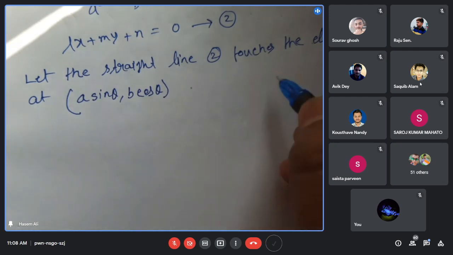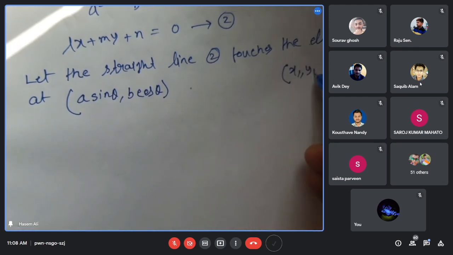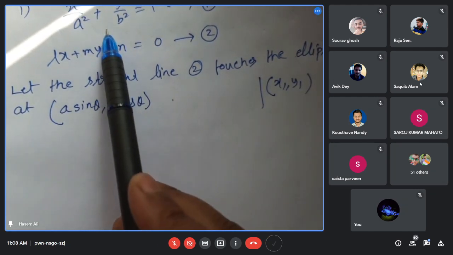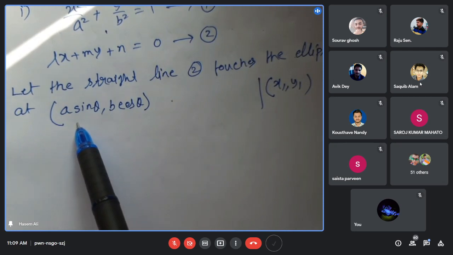We know that any point on the ellipse will be in this form, (a sin theta, b cos theta).